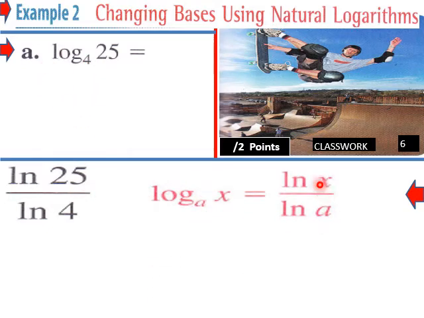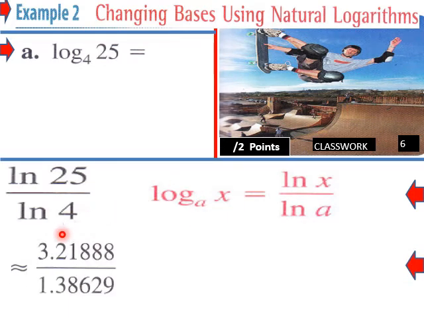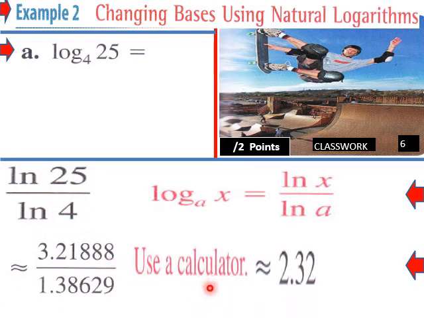So we're using this rule here: the natural log of x divided by the natural log of a. When we punch this into our calculator, we get this quotient, which results in 2.32. So using change of base, we come up with 2.32.